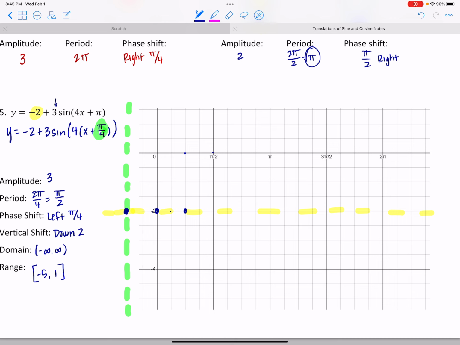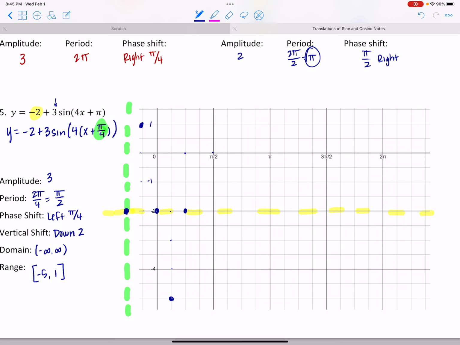This is -2, so this is -1, 0, and then this is +1. So when I say go up 3, I have to go 1, 2, 3. So there's my max, and then my amplitude, again 3, so down in the middle of these other two, 1, 2, 3. So there's my 1 cycle with an amplitude of 3 that's shifted back and down.